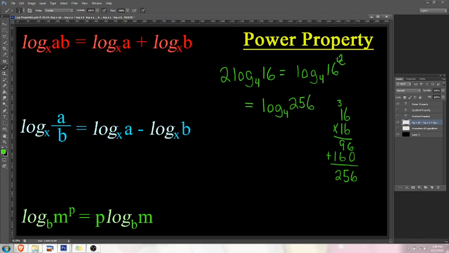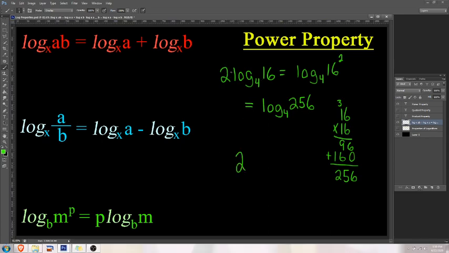And like I say, you can go both ways. This 2 can just drop down in front, and you can work both ways on every problem with expansion and condensing. But let's see what this actually is saying to us here. So if we take this log base 4 of 16 and separate it from this 2, we can think of it this way: 4 raised to what power equals 16? Well, 4 squared is 16, so that would be 2, right?